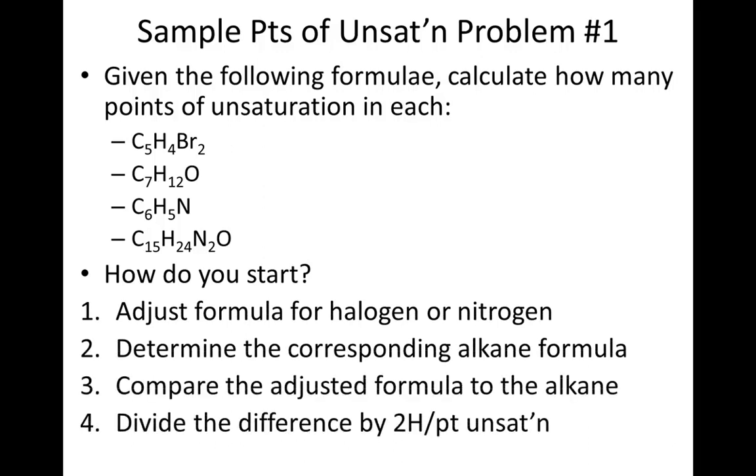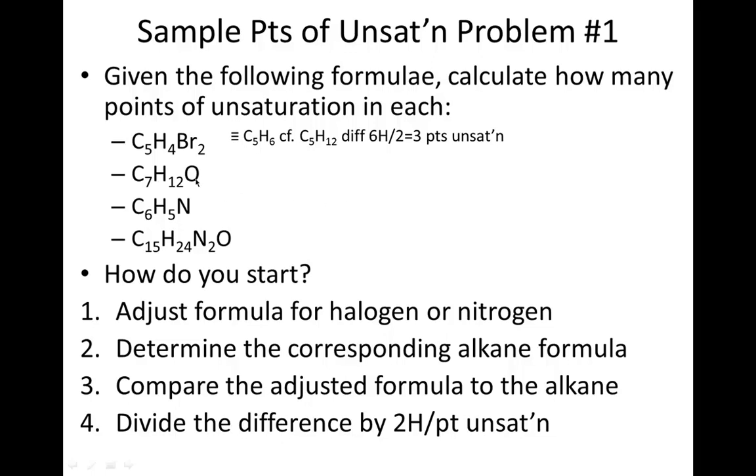And so we're going to adjust that formula accordingly, and then we'll compare that to the alkane and so on. So for that one, if we've added back 2 hydrogens, then that gives us the equivalent formula of C5H6. The alkane formula, remember, is CnH2n+2, so that's 12 hydrogens. The difference is 6. So divided by 2, that's 3 points of unsaturation in that formula.